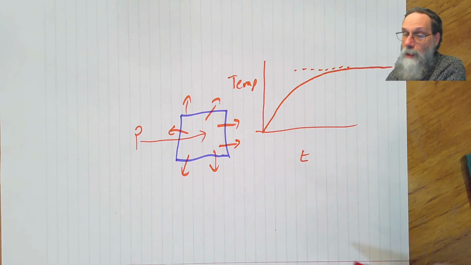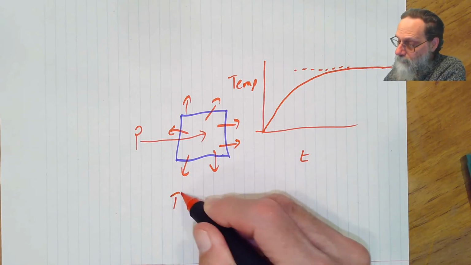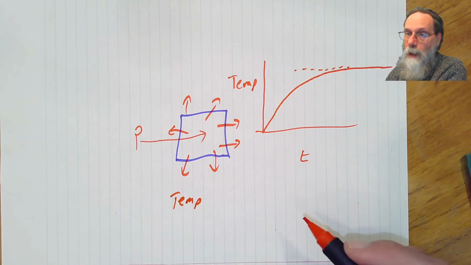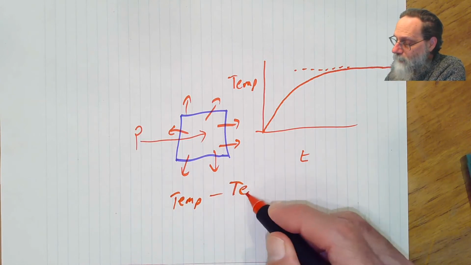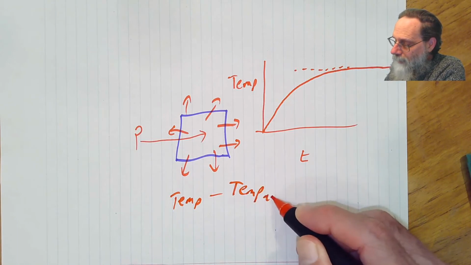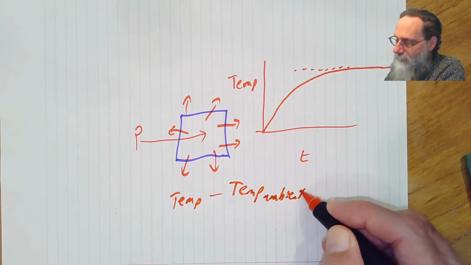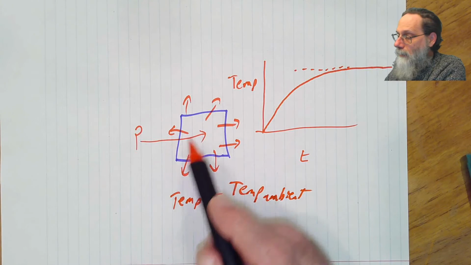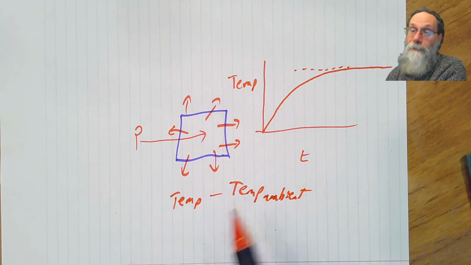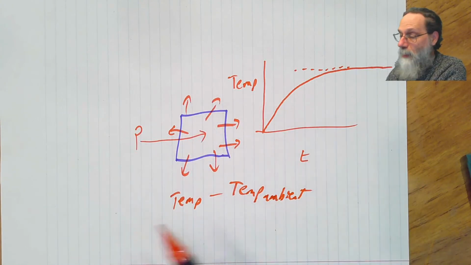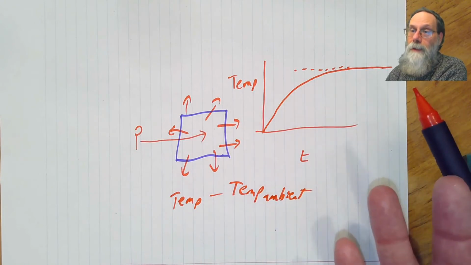So what determines how fast this power in the form of heat leaves the device? Well, that depends on just the temperature of the device minus the temperature of wherever the heat is going to, the ambient temperature. So how big a temperature difference is it? If everything was at the same temperature, there'd be no reason for the heat to leave.